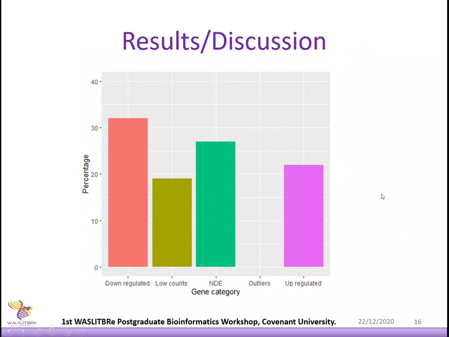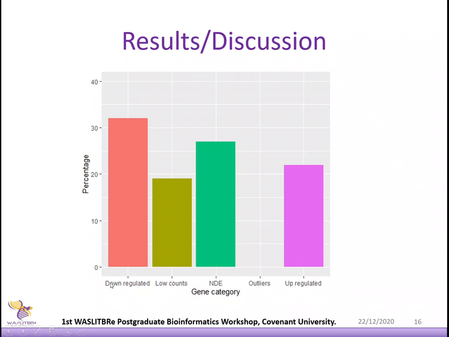Okay, so this bar chart shows the percentages of genes that are down regulated, those that were of low counts, and those that were not either up regulated or down regulated. There were no outliers in our data, so this is zero, and those that are up regulated.